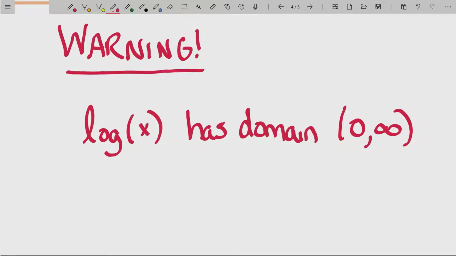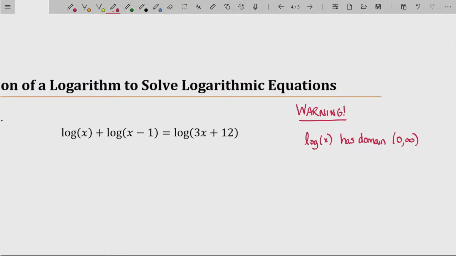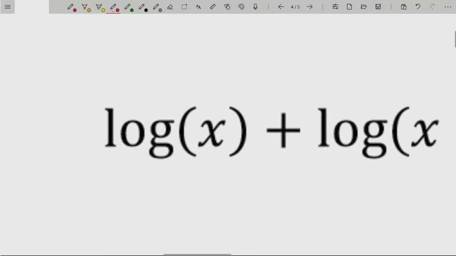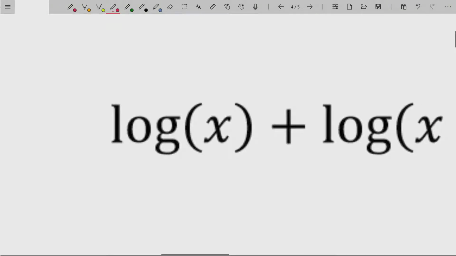So when solving logarithmic equations, you will often reach solutions that will not work. Let's suppose when we solve this, we get x equals -3 as a solution. If that were the case, I know it doesn't work because one of my terms cannot take a -3 as its argument. So be highly aware of that.